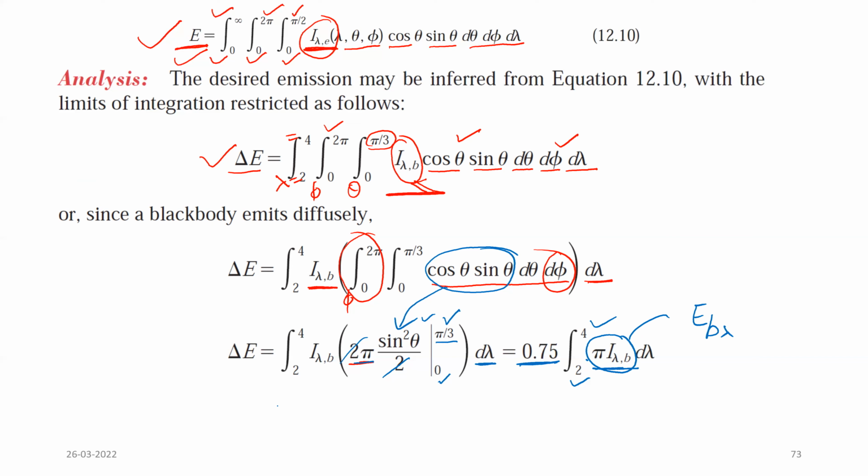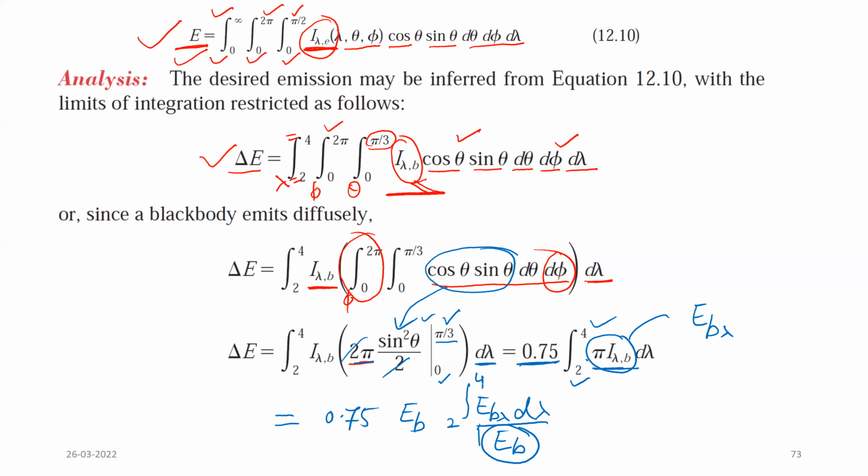So what I can do next is write this equation as 0.75. I can multiply here by EB, and here it is EB lambda d lambda divided by EB. It is varying between 2 to 4, but this EB is the total value of the integration. So let me change this equation a little bit: the integration is from here to here only, 2 to 4.